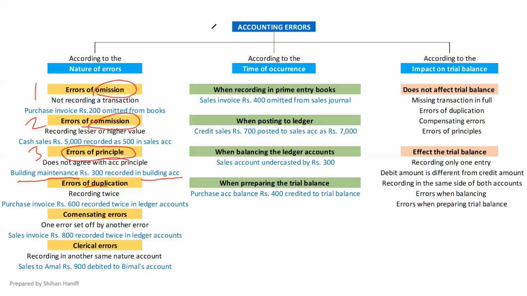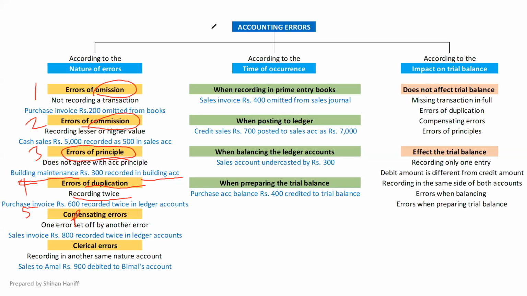Errors of duplication means recording the transaction twice. Purchase invoice recorded twice in the ledger accounts. Number 5, compensating errors. That means one error is set off by another error.